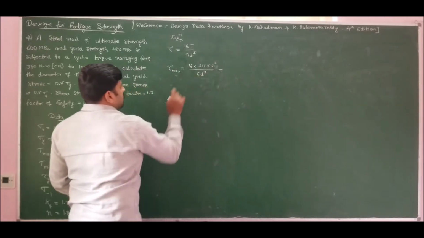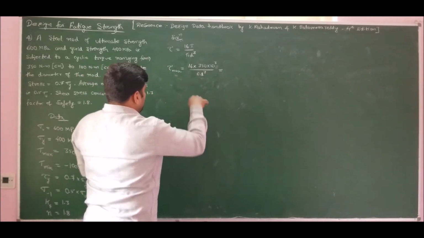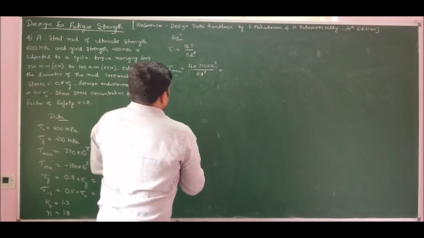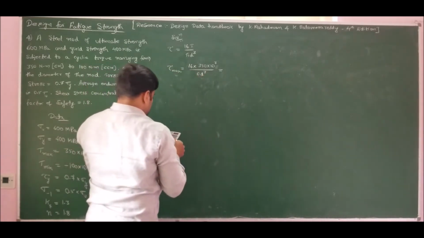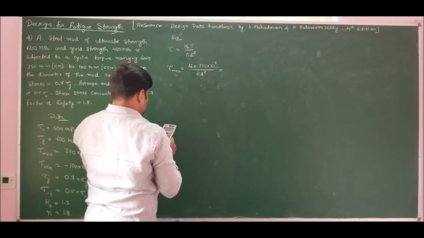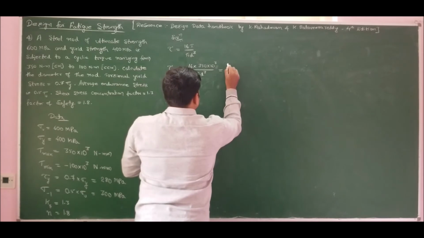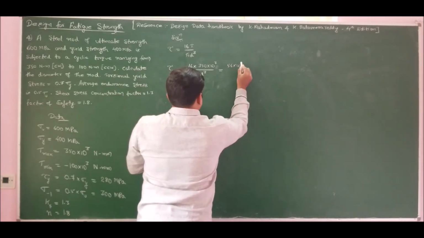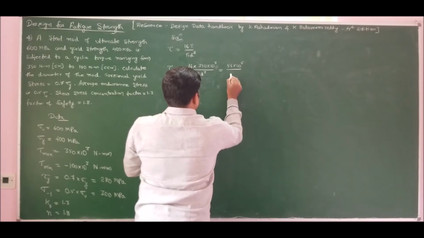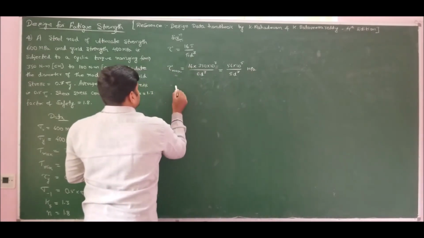Let me keep pi d cube as unknown, that will minimize the error, and moreover I will get whole numbers instead of decimals if I divide by pi. So 16 into 350 into 10 to the power of 3 yields us 56 into 10 to the power of 5 divided by pi d cube. Unit will be in megapascals.